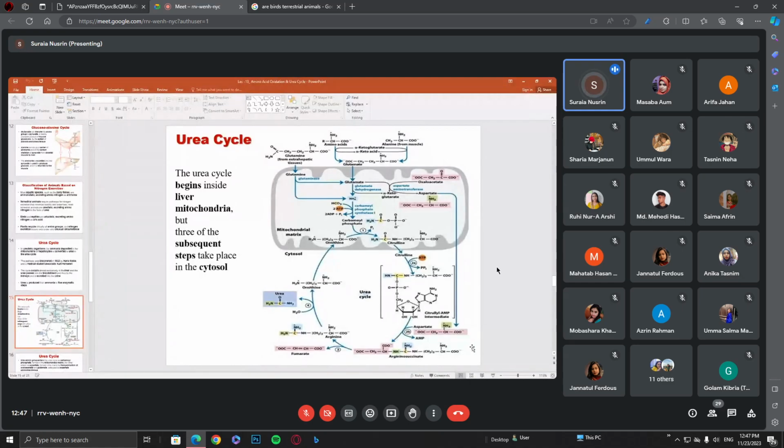That is also a condensation reaction, and we get arginosuccinate. Then arginosuccinate is degraded, the 4-carbon compound fumarate is released, and the remaining structure gives rise to the amino acid arginine. Eventually arginine is hydrolyzed, releasing the nitrogenous waste product urea and the starting compound, ornithine.